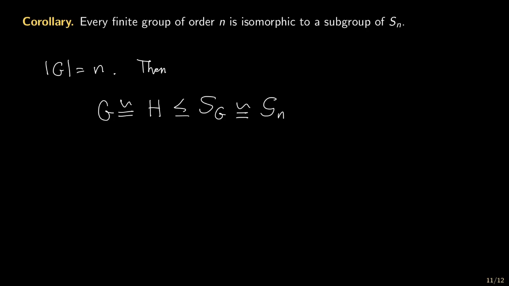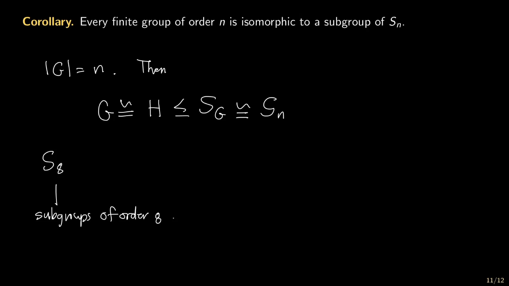Nice, no? Why? For example, if you want to know all the different group structures of order 8, then you only have to look at S sub 8, and then you search for the subgroups of order 8. Then if you look at the subgroups of order 8, you're done.